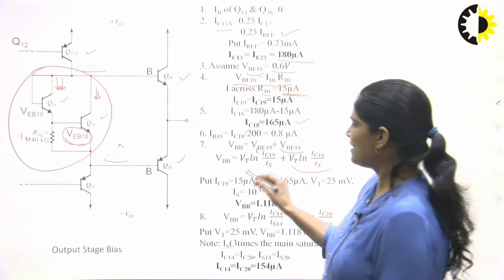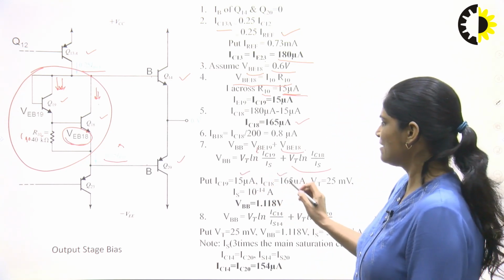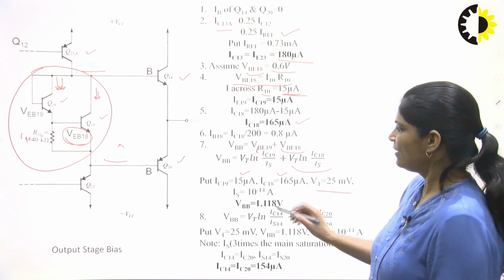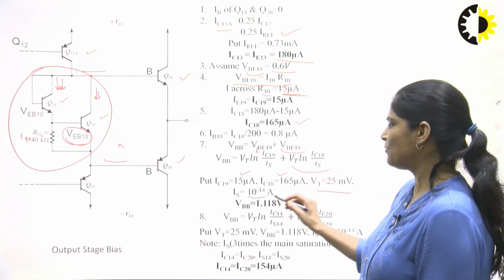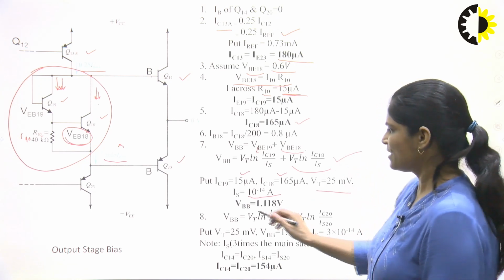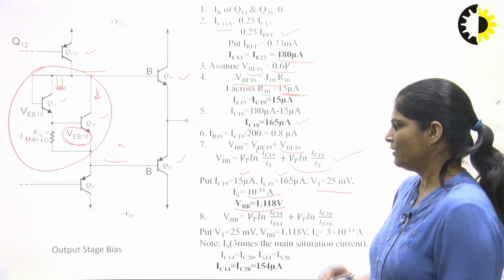So put all these values. IC19 you know is 15 microampere, IC18 is 165 microampere, VT is 25 millivolt. The saturation current for transistors 19 and 18 is equal to 10 to the power minus 14 ampere. Now you can put all these values in this equation and find out VBB is equal to 1.118 volt.